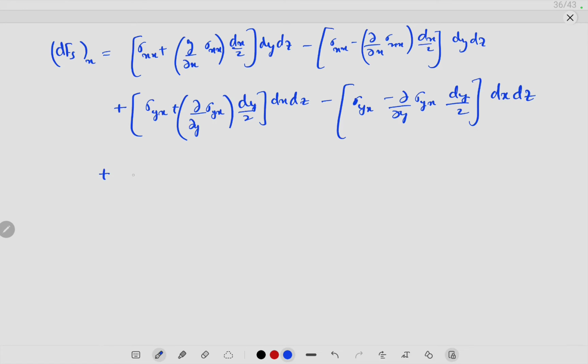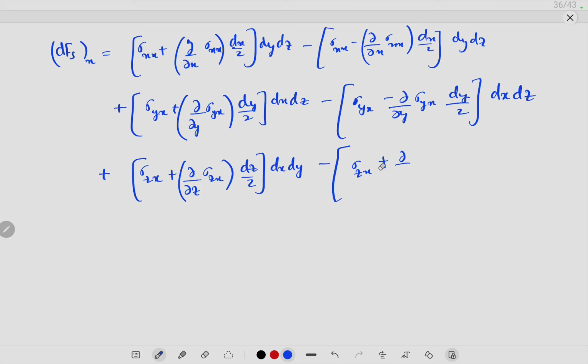And similarly for the planes which have normal vector along z-axis, I will get sigma zx plus del by del z of sigma zx dz by 2, and the area will be dx dy, minus sigma zx minus del by del z of sigma zx dz by 2 and dx dy.